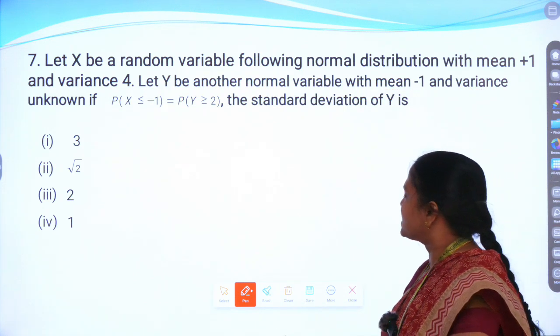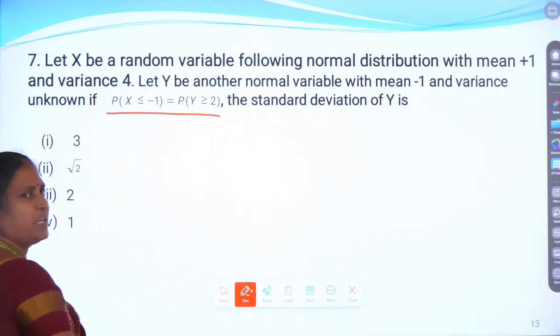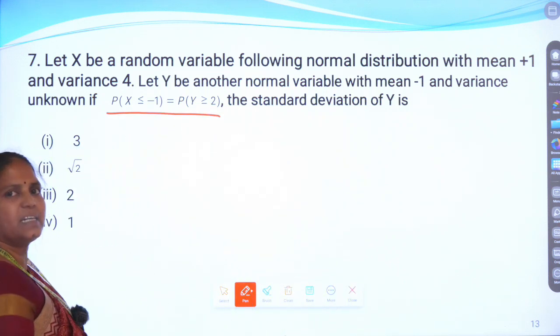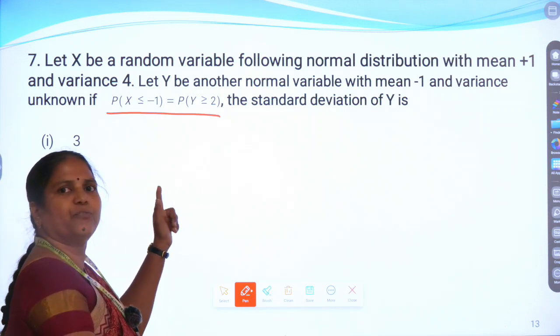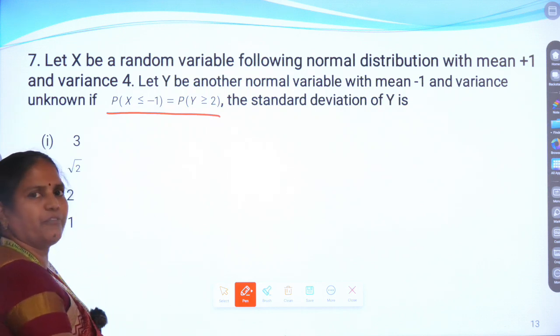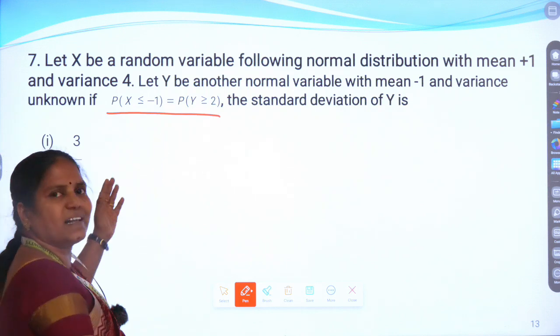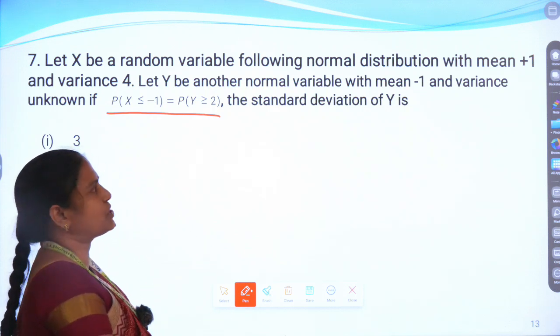One more condition they have given here is that the probability of x less than or equal to 1 is equal to the probability of y greater than or equal to 2. We are going to transform this normal distribution into a standard normal distribution.